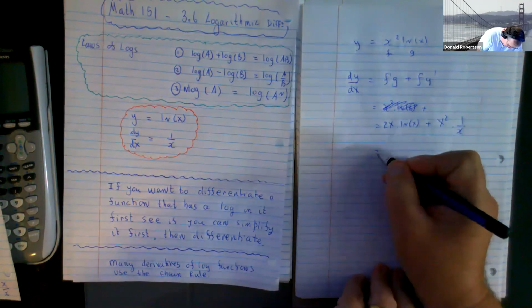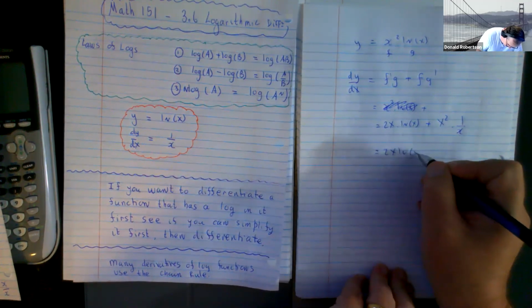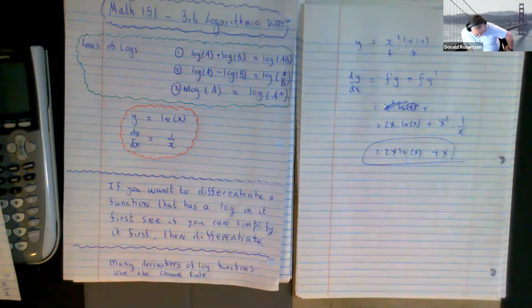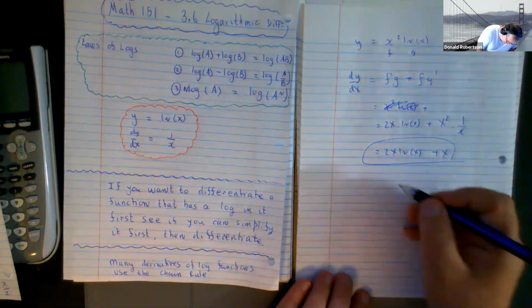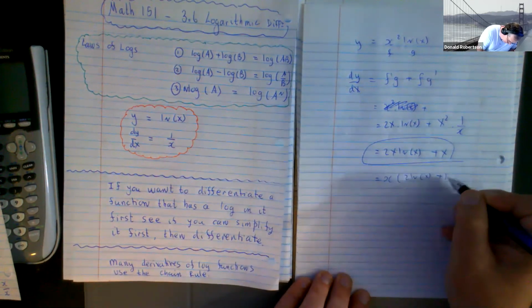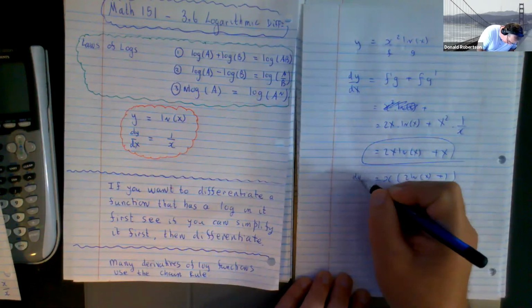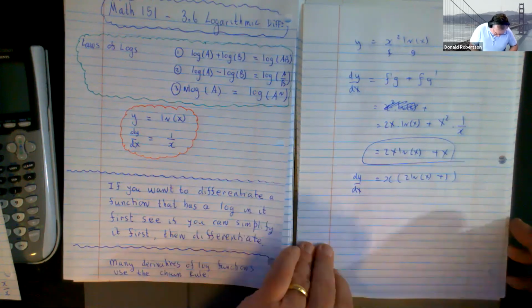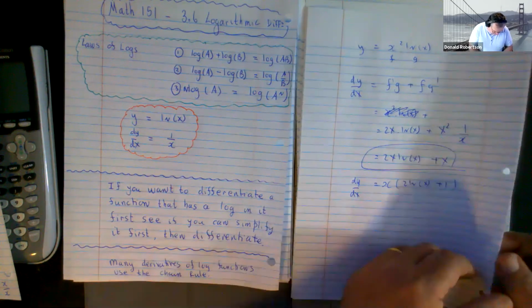So we have 2x log x plus an x. And if I'm being pernickety, which I should be, style point says if you can factor it, you should. So there's an example of a product rule with a log in it.